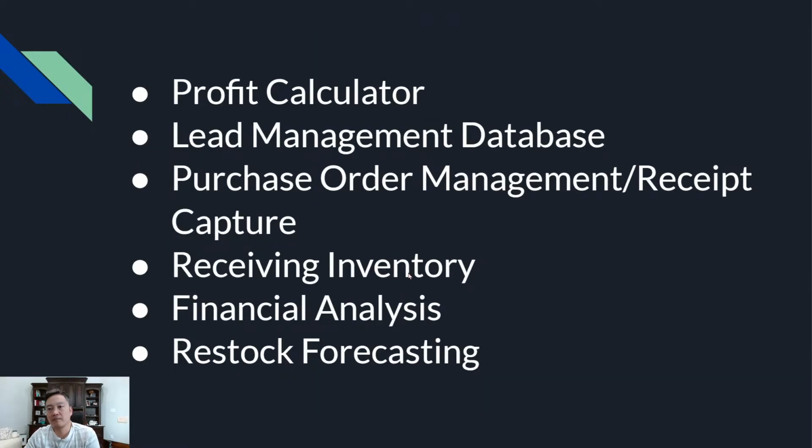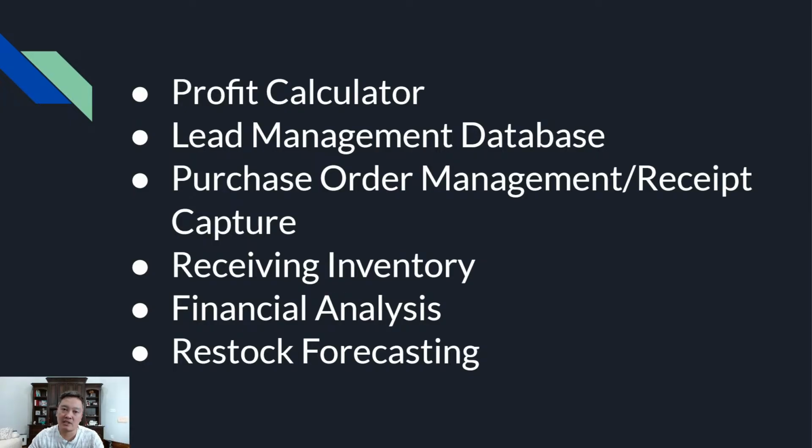Now, what that entails is that we provide every piece of the tool as part of that workflow. When you think about that workflow that I just showed you, it starts with a profit calculator when you're identifying a product.